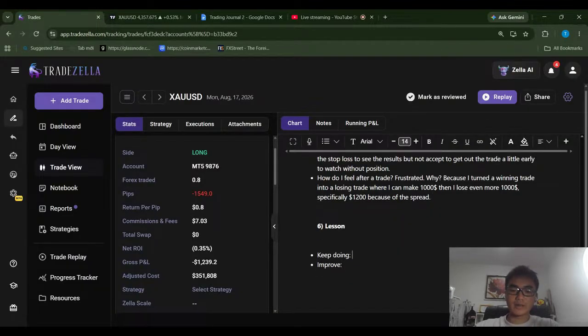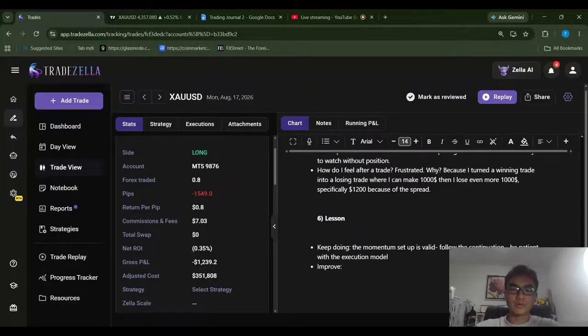Keep doing the momentum setup, it is valid. Follow the continuation. Be patient with the execution model. Improve. Why do I need to improve? Emotional attachment.